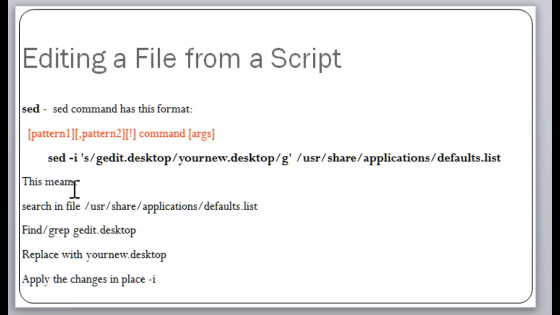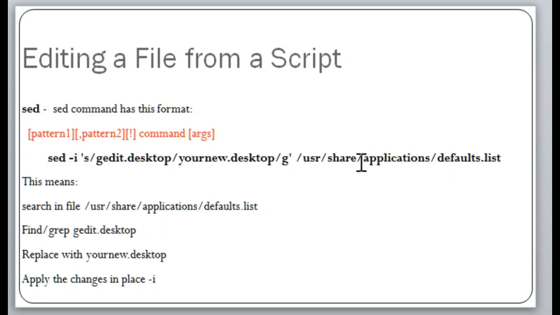Well, this is saying search in the file usr share applications defaults.list, find gedit.desktop, find this in this file and replace it with this, your new desktop, and apply the changes in place, which is -i.